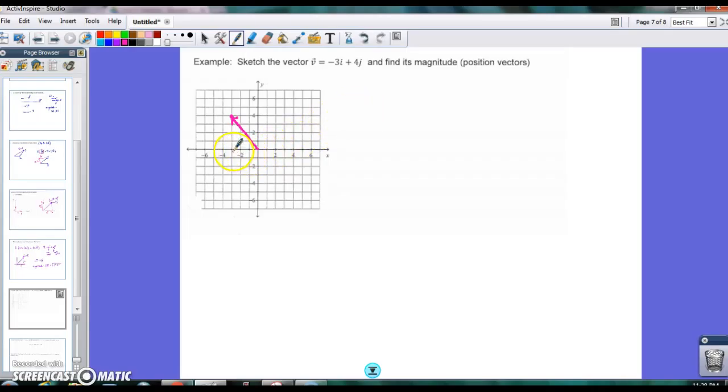And so this distance here is 3. This distance here is 4. And so I can find its magnitude by just doing the square root of 3 squared plus 4 squared, which would then give me 5. So it's pretty straightforward when you think of it from that standpoint.